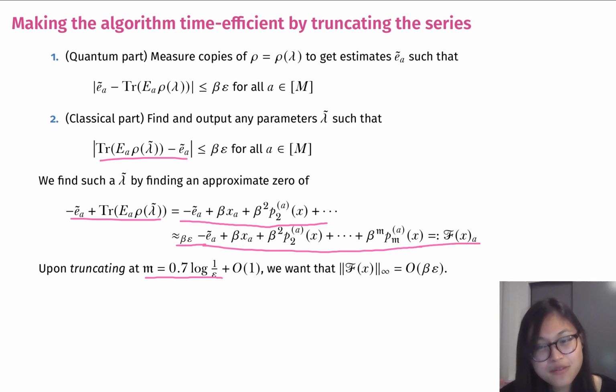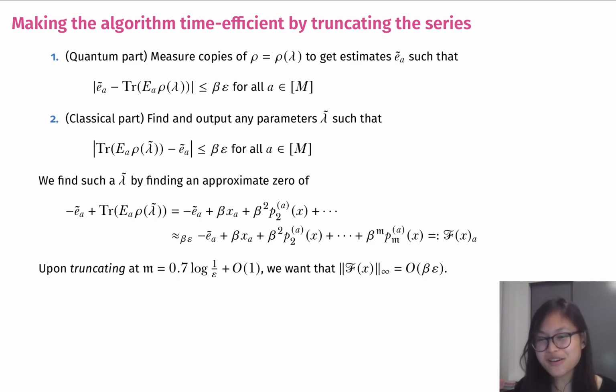And then we consider this function and try to find a value that makes it small everywhere, right? Because ultimately we wanted all of these estimates to be close, and this just amounts to this cal f being small everywhere. Or in other words, x being an approximate 0 of cal f.